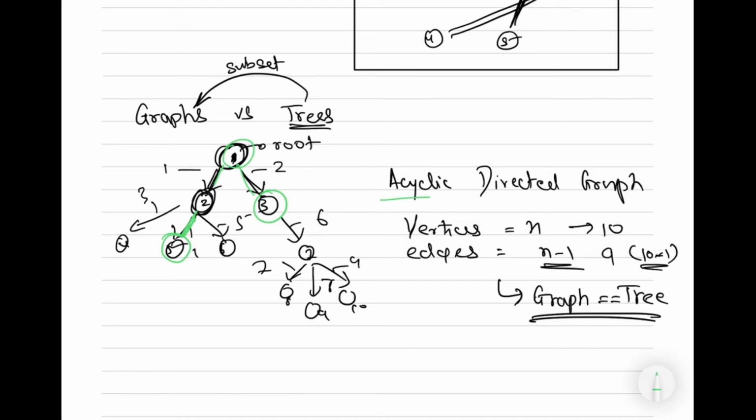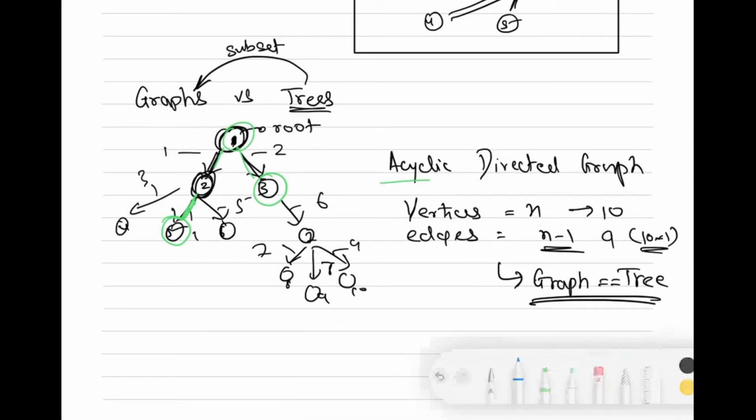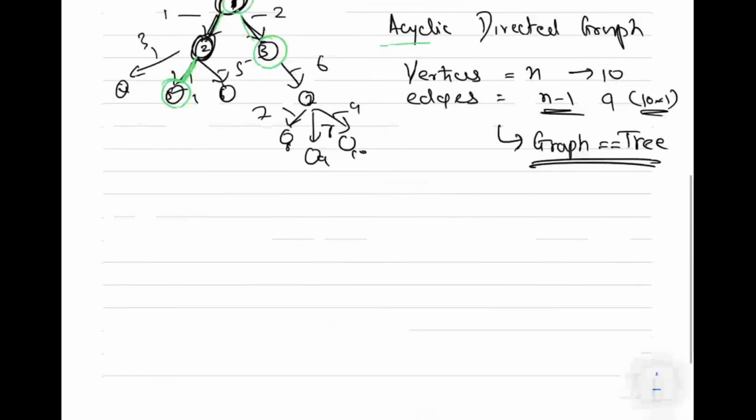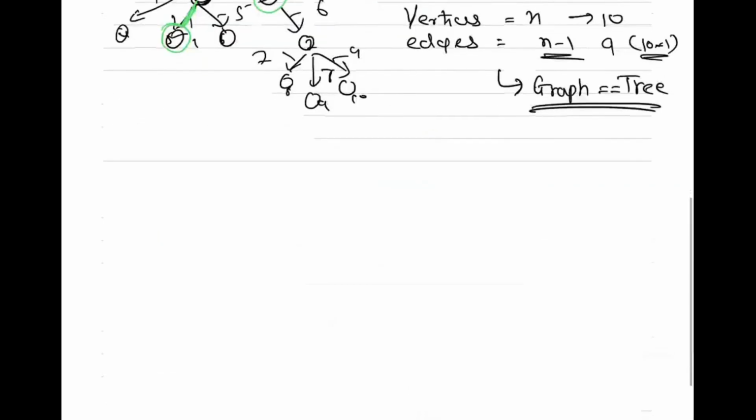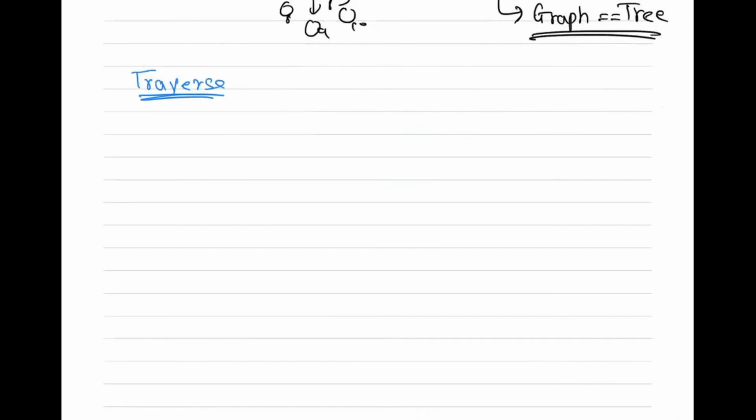Now that we have this, let's move on to how we traverse a graph and what traversing means. The entire purpose of developing a graph is to reach out to data very efficiently.